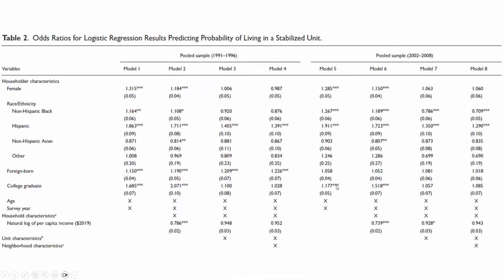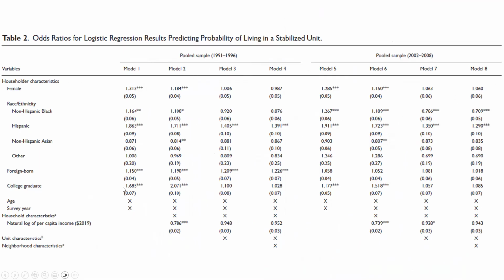And here's a logistic regression table. If you're afraid of advanced planning methods, I can explain. You see Hispanic here. Above one means that they're more likely to be in a stabilized unit. So you can see Black and Hispanic much more likely, both in the 90s sample and the 2000 sample.